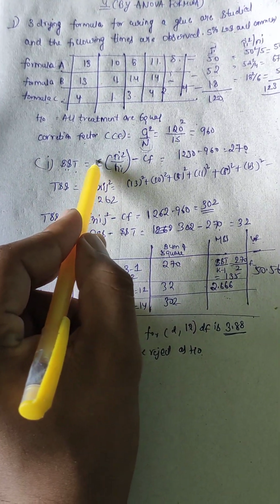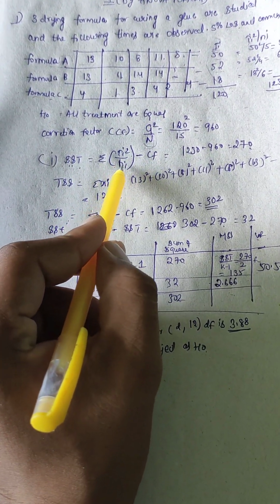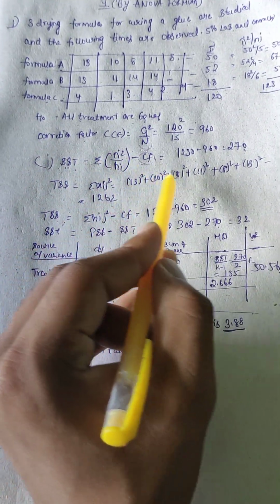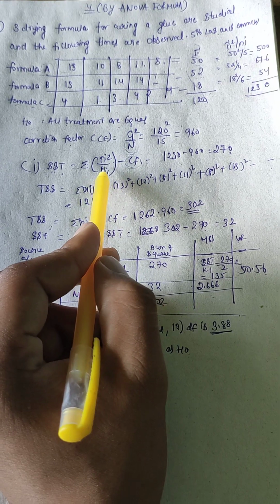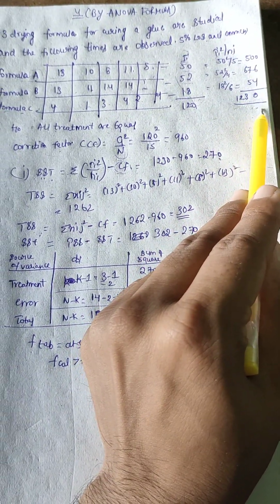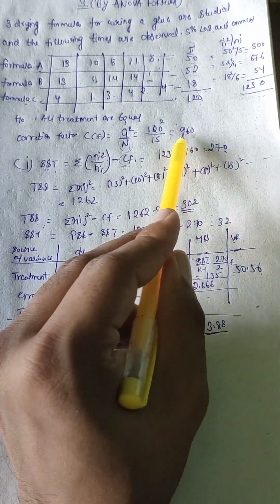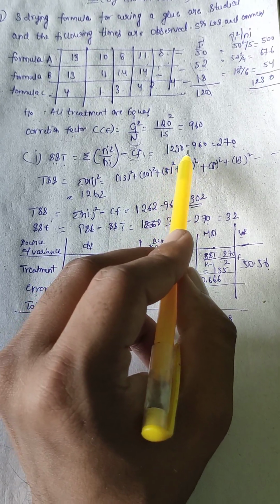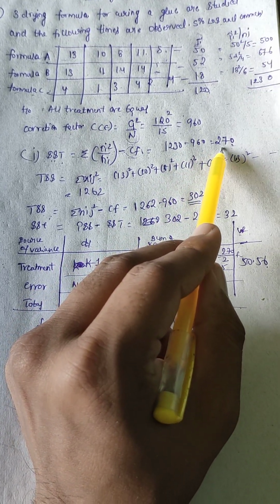The formula is the sum of Ti square by Ni minus the correction factor, CF. So 1230 minus the correction factor 960, we get the value of 270.